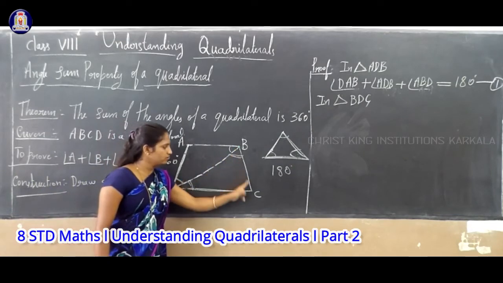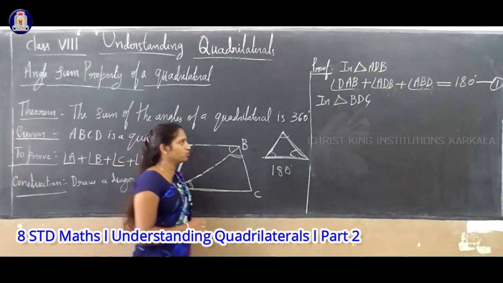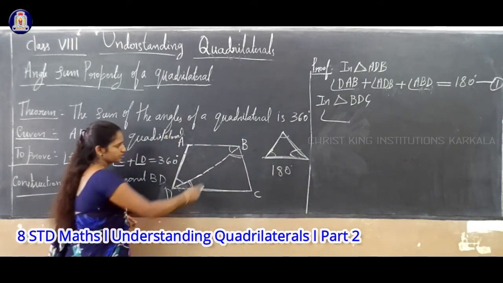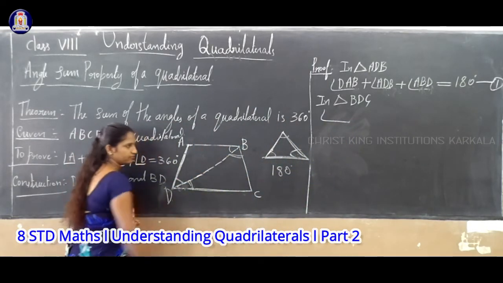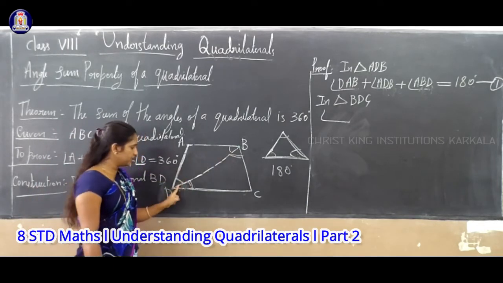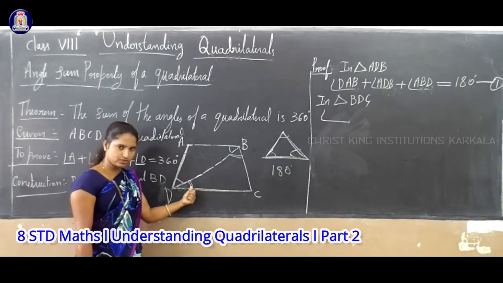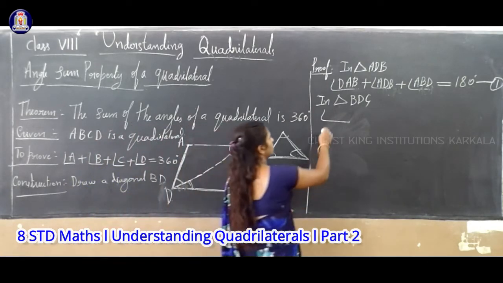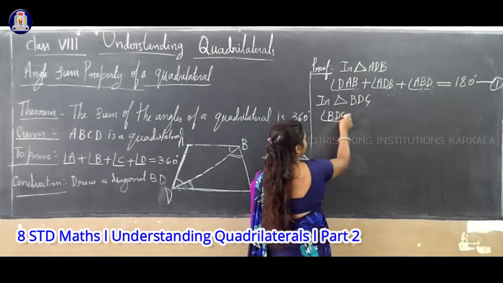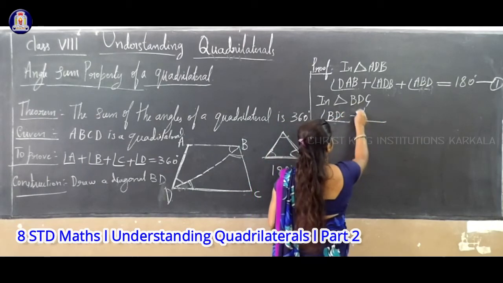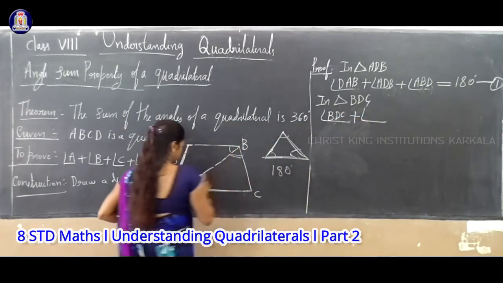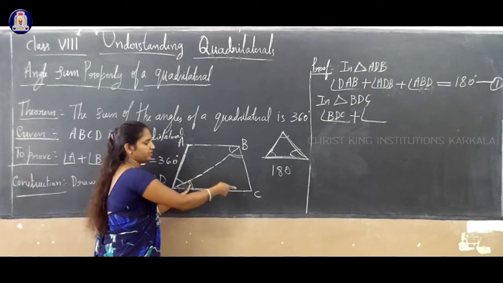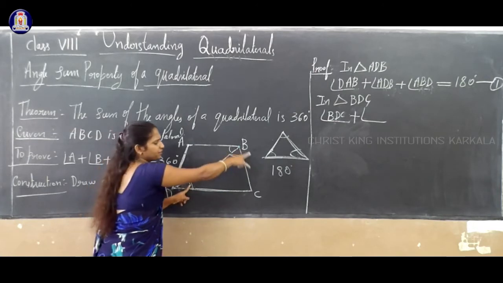So now add each angle. So we get angle BDC plus the next angle. Now we have to write this angle, right? So how to write this? DCB, or you can write BCD.